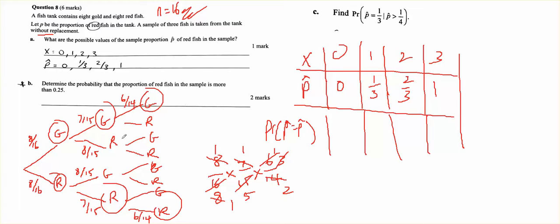So of getting no reds, it's 1/10. Getting 3 reds is 1/10.